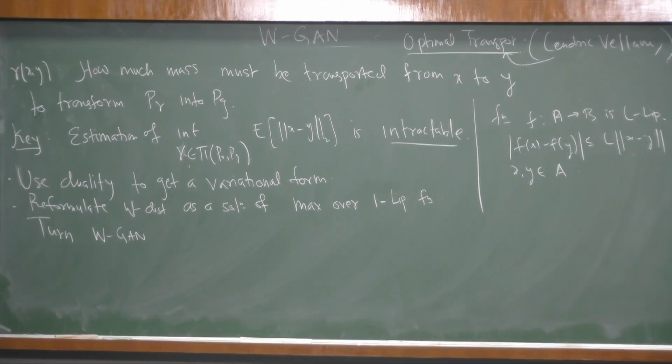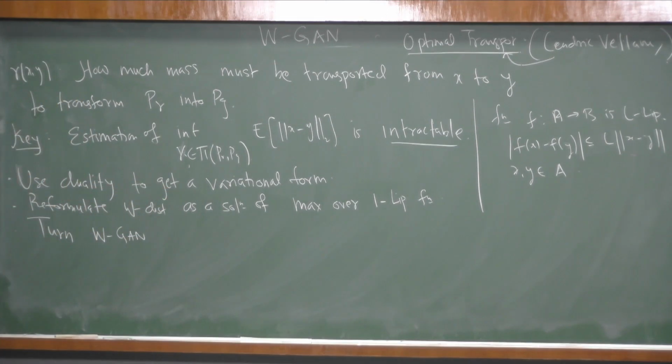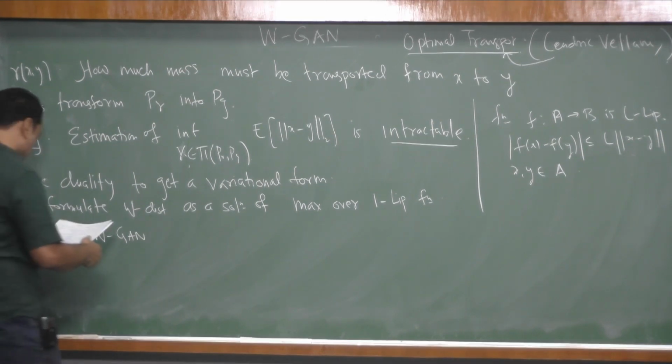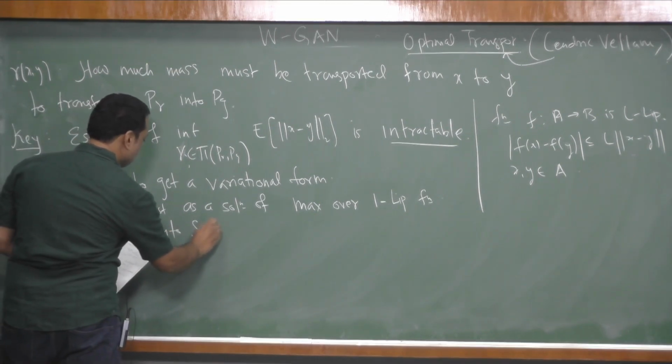That's a constraint, but that constraint I have to eliminate, and once I eliminate that, I will use the duality, and then there is a max and one more min. We are looking for max and min, right? So let's see the process.